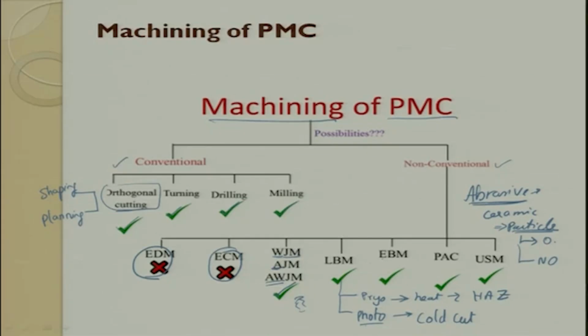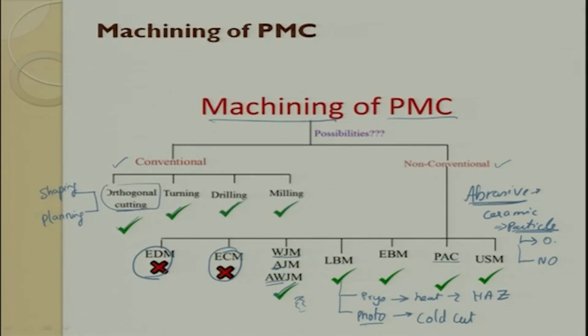Okay. So, the next one is electron beam machining. Electron beam machining is predominantly used for making very small holes, very small high aspect ratio holes, but here also it has a problem of closing of the circuit. So, this is a challenge. The next one is plasma assisted cutting. There are two types of plasma.